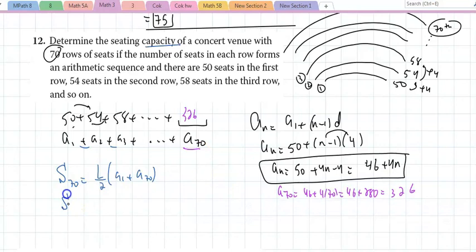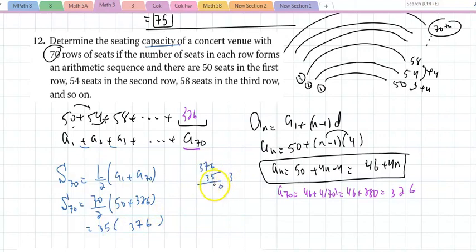That means the sum of those is 70 divided by 2. The first is 50. The last is 326. That would be 35 times 376. So 376 times 35 gives 13,160.